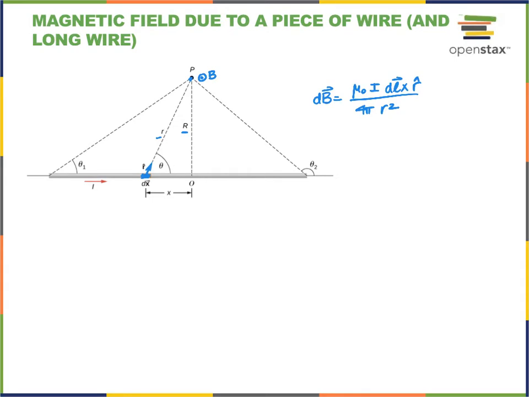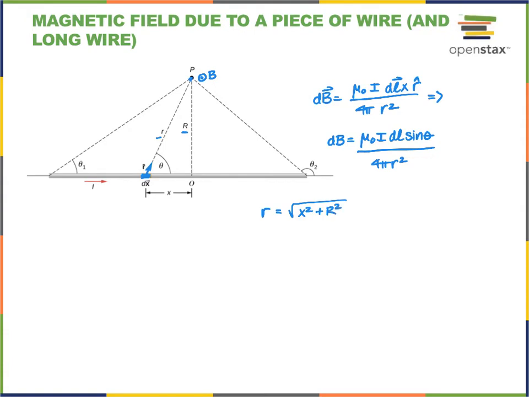So a couple things here, if we look at it. I'm going to rewrite this in scalar form, because we already determined the direction of the magnetic field. Our r is going to be given by the square root of x squared plus R squared.